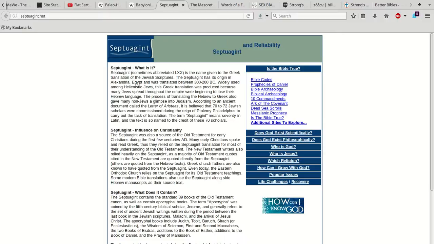And out of this group, I guess somewhere along the line they changed their name to Masoretes. So when you hear about the Masoretic text, which almost all modern Bibles, even back to the King James and a little bit before, use for their Old Testament, that's a problem.